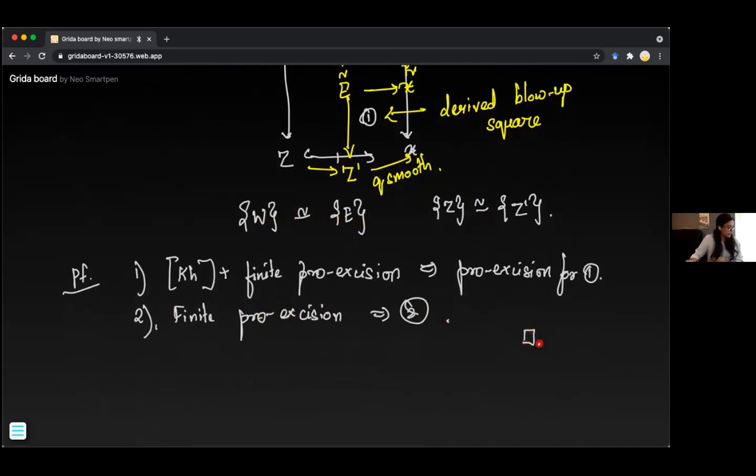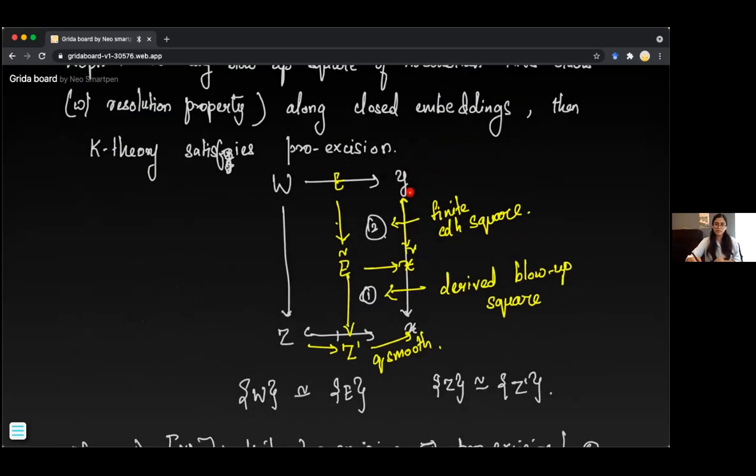Okay. And now to prove the result for any abstract blow-up square and not just a blow-up square, you use the usual kind of classification argument. If you have an abstract blow-up square, given by this Y to X, you can always take a further proper covering of Y such that if you take now the base change of the square, then that is a blow-up square.